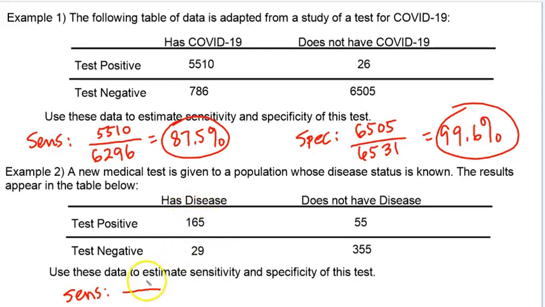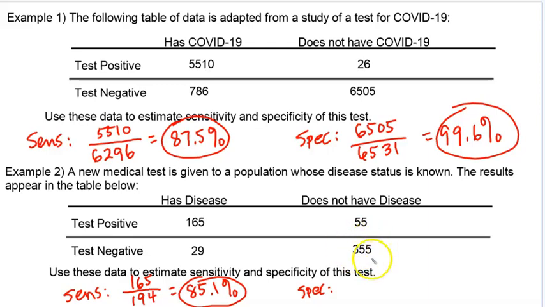Well, it identified 165 correctly out of a total of 194. So the percentage of identifying the people who accurately did have the disease, when we go to our calculator, that's going to be 85.1%.